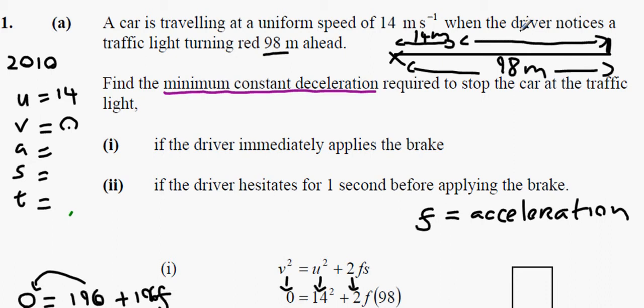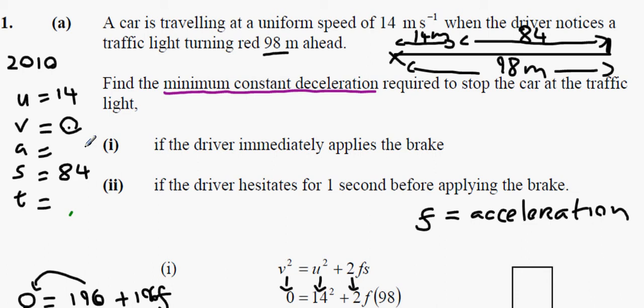So we have the exact same system as last time, except the distance is going to be 84. Once again, we're looking for the minimum constant deceleration. He's going to travel 84 meters and hit the lights, and we don't know the time.